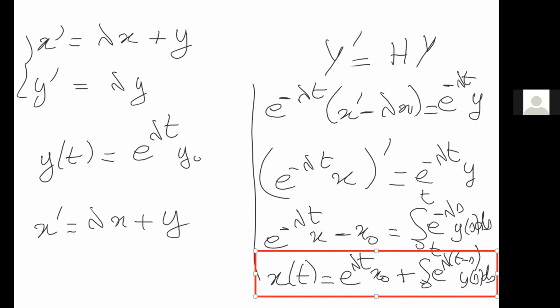All right, now if I replace y of s by its value. So I just want to write it here.